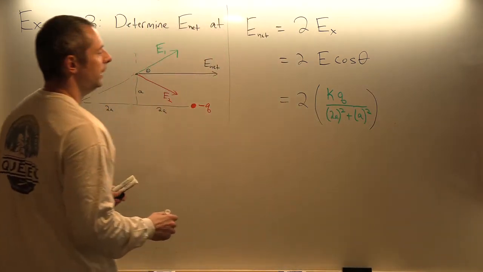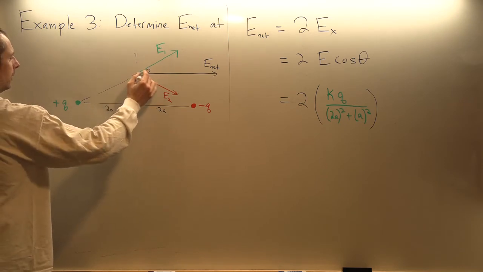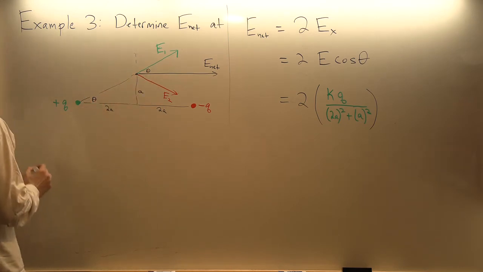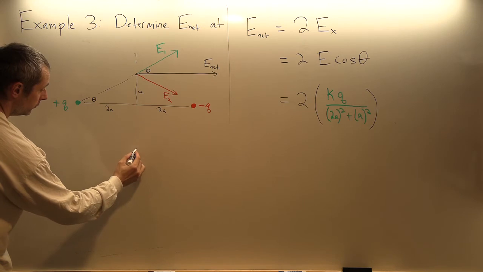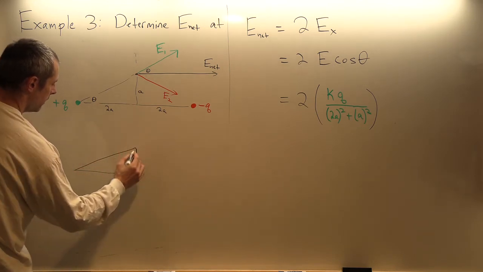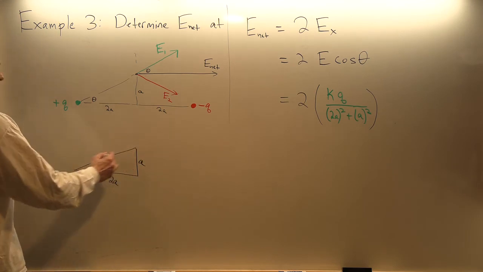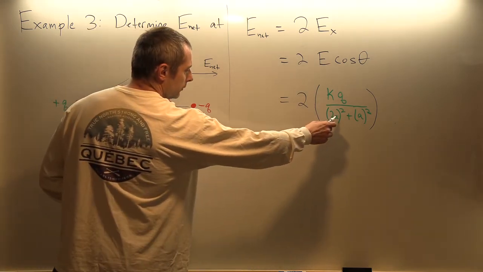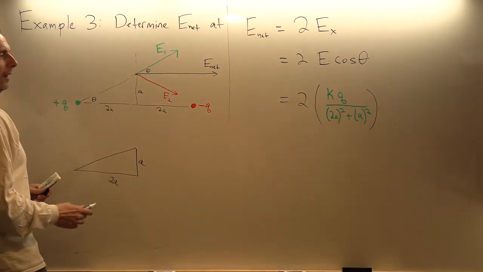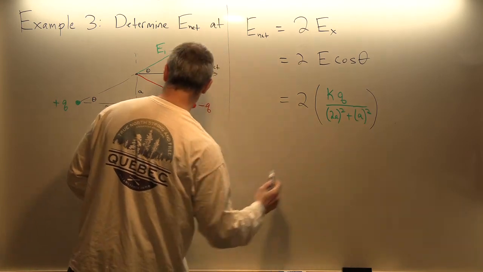And once again, we can do that trick with the cosine. We can eliminate the cosine because this theta is the same as this theta over here. So if I redraw this triangle like this, a and 2a, if you square all this, it's 5a squared, and add it up. 4a squared plus 1a squared is 5a squared.